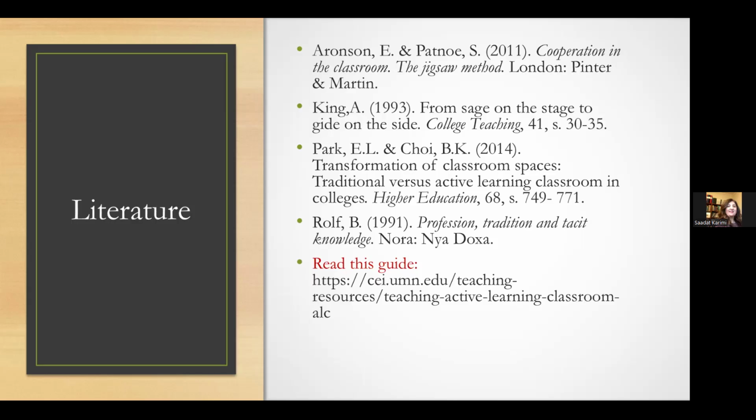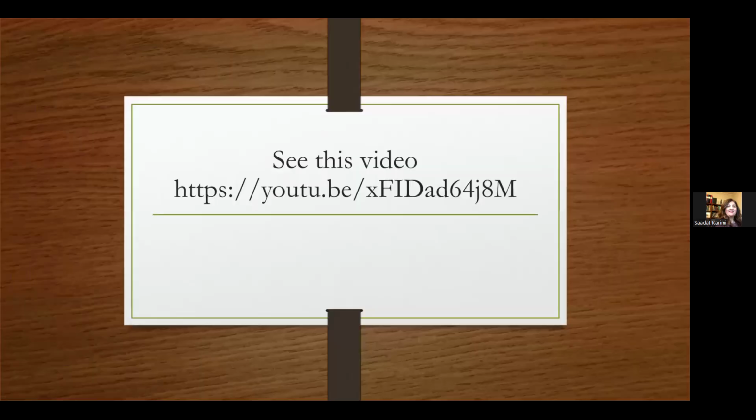The article by Park and Choi, Transformation of Classroom Spaces, Traditional versus Active Learning Classroom in College. The book by Rolf, Profession, Tradition, and Tacit Knowledge. It's actually in Swedish. And I recommend that you read this guide. You have it open on the net from Stockholm University.